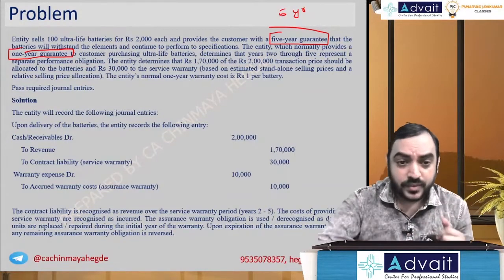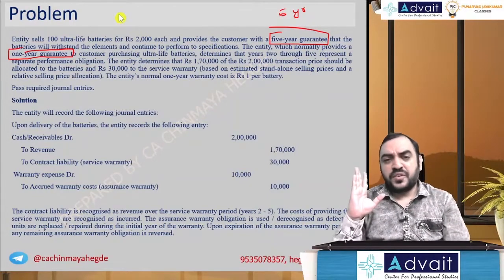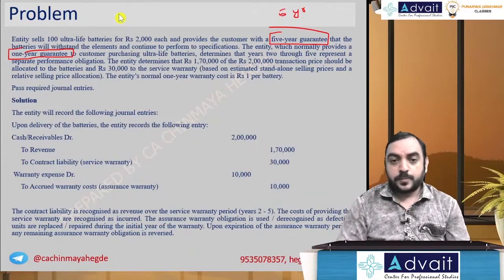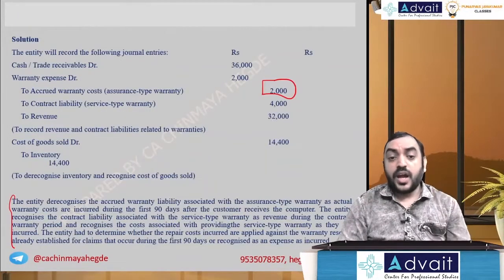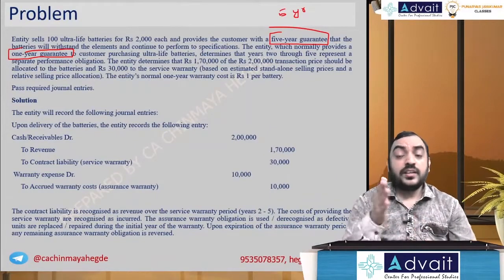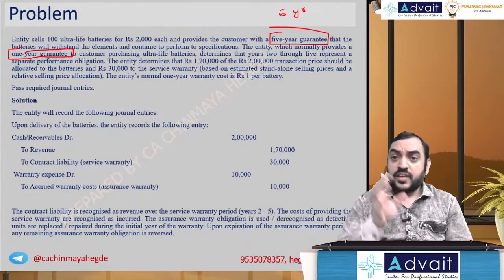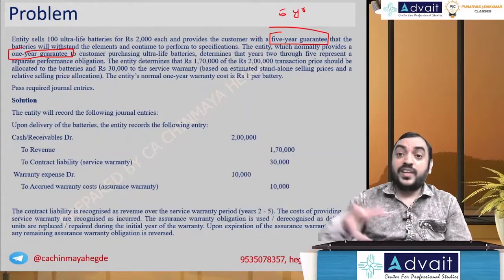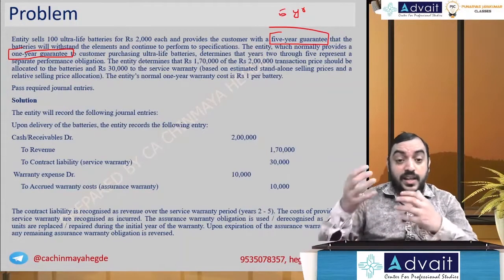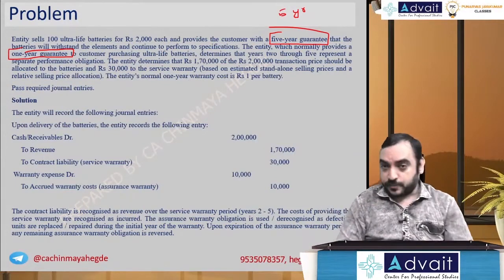Pass necessary entries. So basically, there are two types of warranty. One is assurance type, other is service type. Now in this case, 1 year is assurance type. Assurance type, warranty expense is recognized separately, and liability is recognized separately as per Ind AS 37.